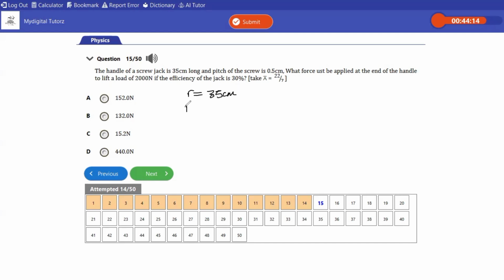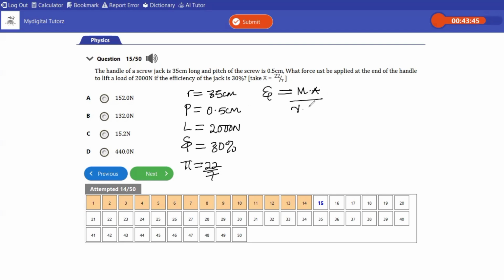And the pitch, P, is given to be 0.5 centimeter as well. And given that the load, L, to be lifted is 2000 Newton, and the efficiency is given to be 30%, and pi is given to be 22 over 7. So now remember our formula in machines that efficiency is equal to mechanical advantage over velocity ratio multiplied by 100.